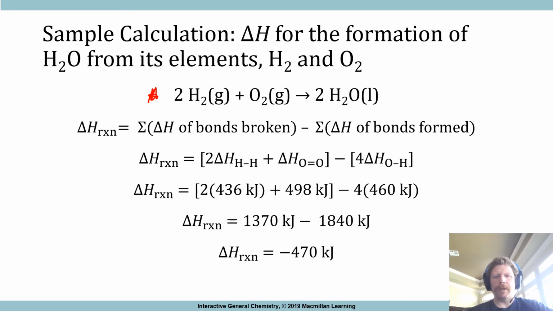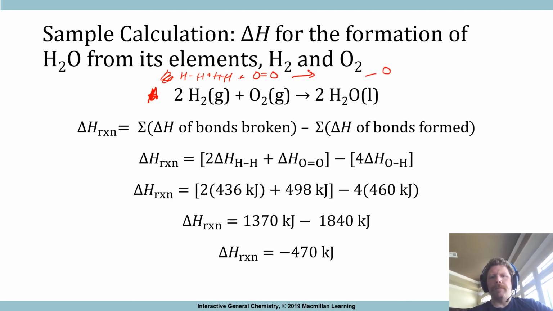Okay, now this is a balanced chemical reaction, but what we want to do is think about which bonds are being broken and which bonds are being formed. What we've got is 2 HH, so effectively HH plus HH plus O double bond O, and we're going to form OH, OH, OH, OH. So that's what we're doing.